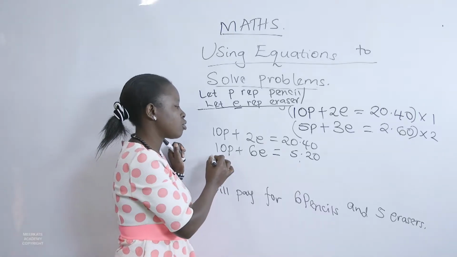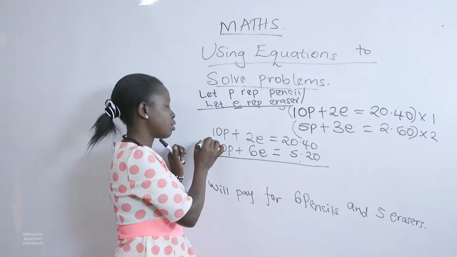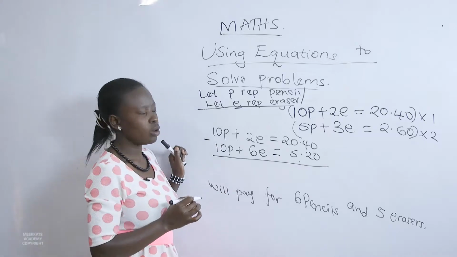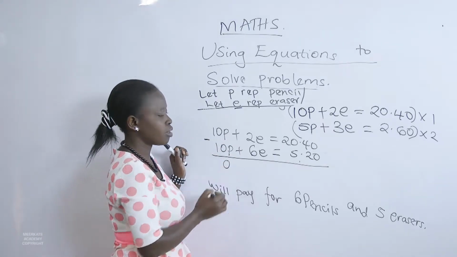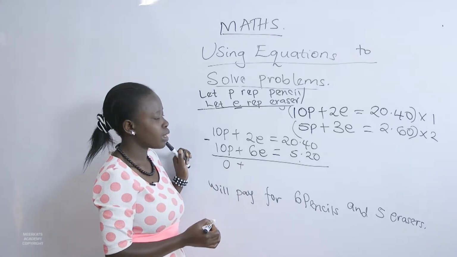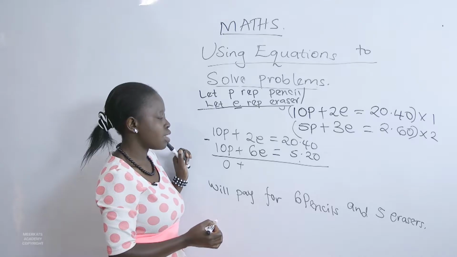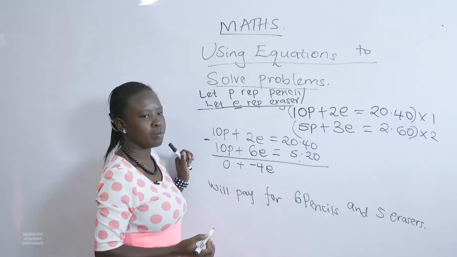So for us to eliminate, we simply subtract. 10p minus 10p gives us 0. Then we have 2e minus 6e. It should give us negative 4e.